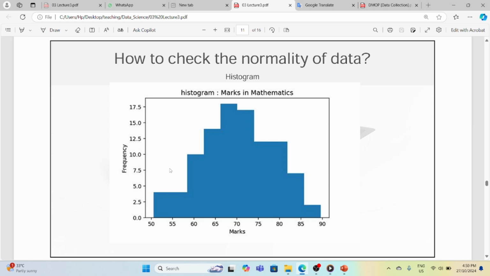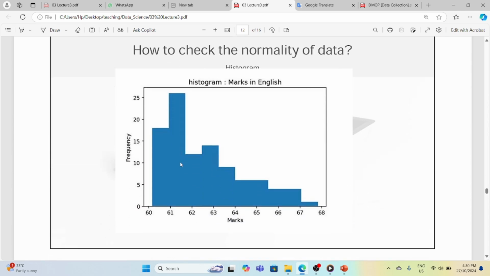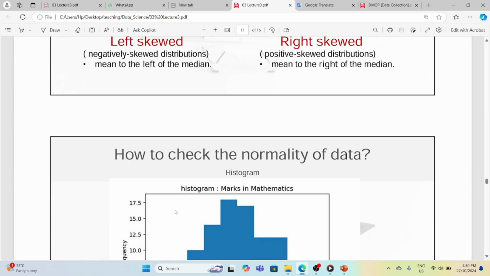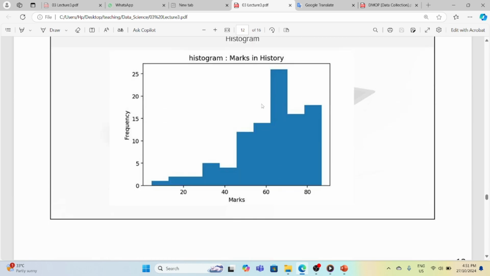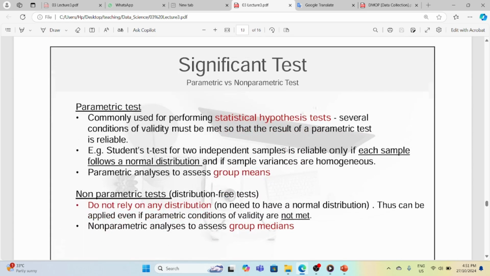If you draw a line through the center of each bar, you can see if it's normal. Here the tail is in the middle, but this one is on the left side. And the other one has the tail on the right.